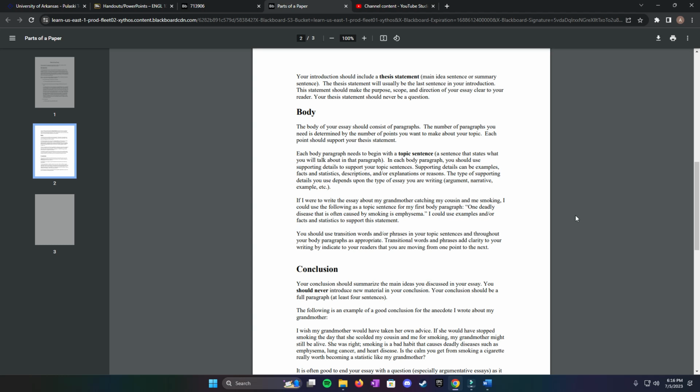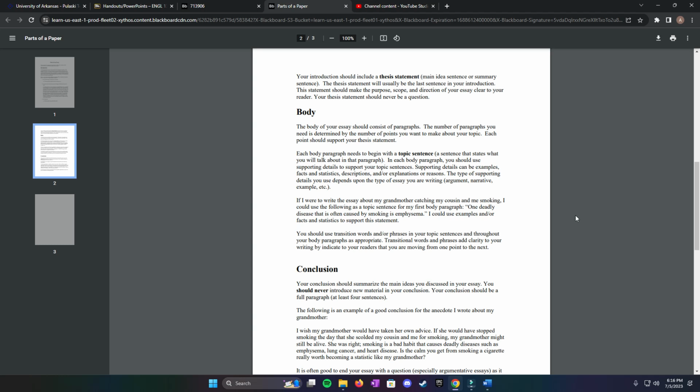And you should use supporting details to support what you're trying to tell your reader in this paragraph. They can be examples, facts, statistics, descriptions, which is what you're going to do with the first essay, explanations, reasons. The type of supporting details you use depends on the type of essay you're writing.